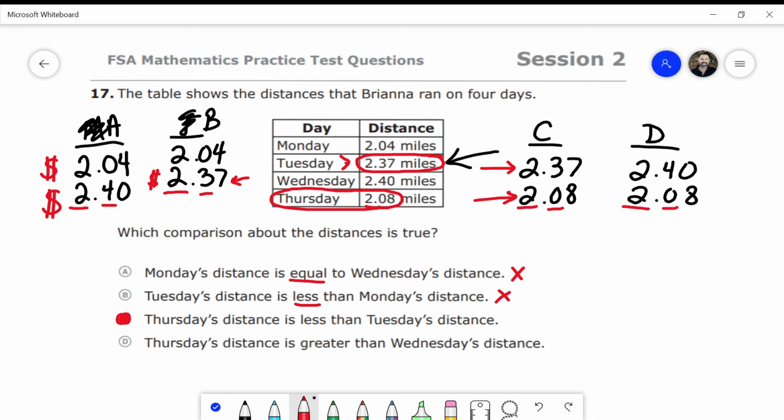And then 2 40/100ths, well, that would be greater than 2 8/100ths. And 2 40/100ths is Wednesday. But they're saying Thursday's distance is greater than Wednesday, but it's actually the opposite, right? Wednesday, right here, is greater than Thursday. So we know definitely the answer is C by comparing each of these numbers that have decimals.